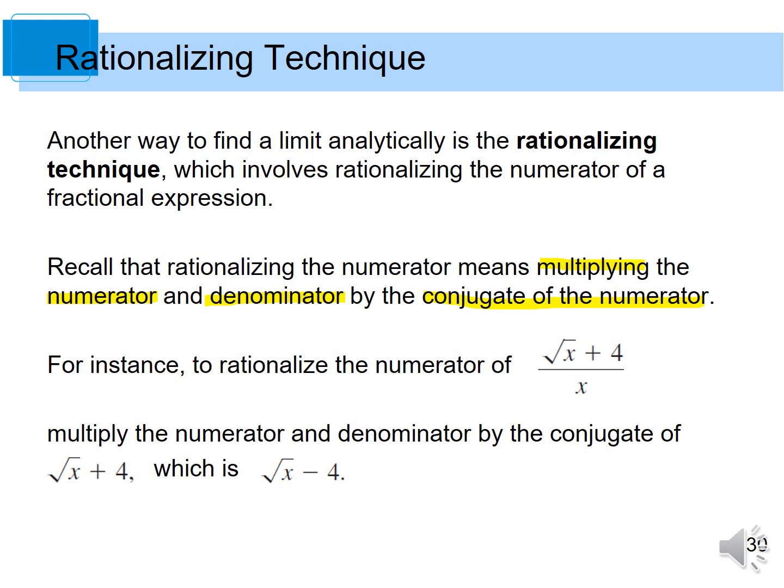For example, to rationalize the numerator of radical x plus 4 over x, multiply the numerator and denominator by the conjugate of radical x plus 4. The conjugate of radical x plus 4 is radical x minus 4.